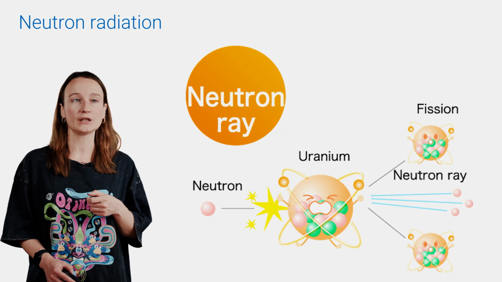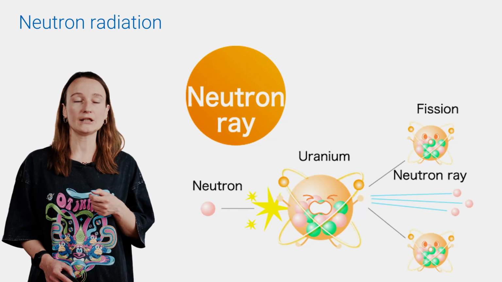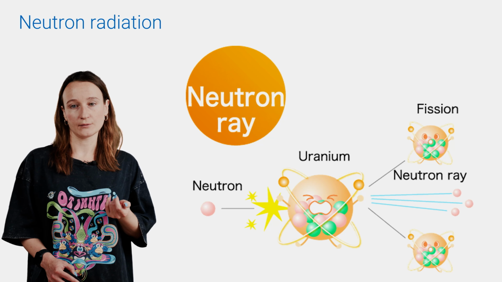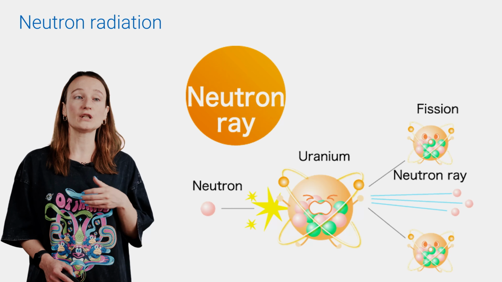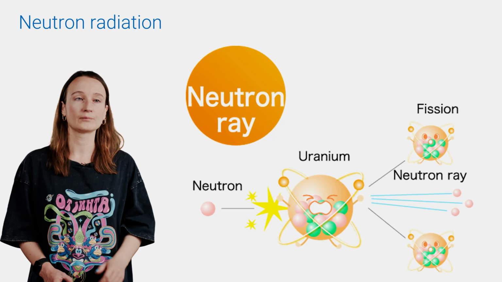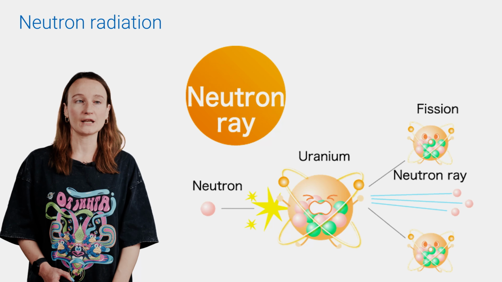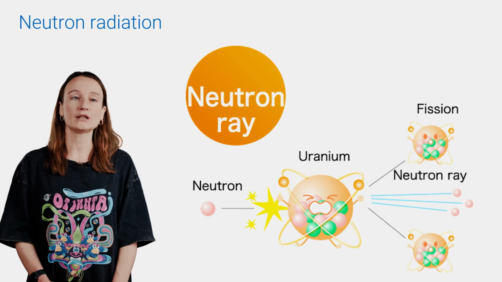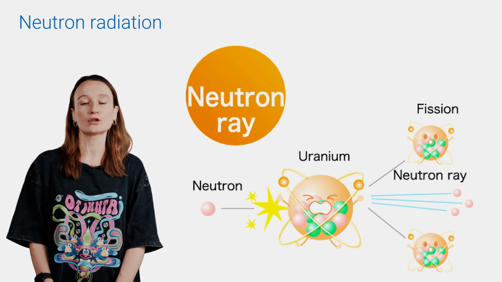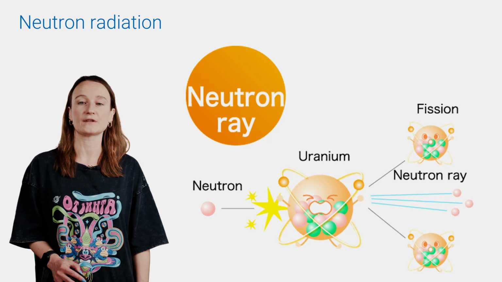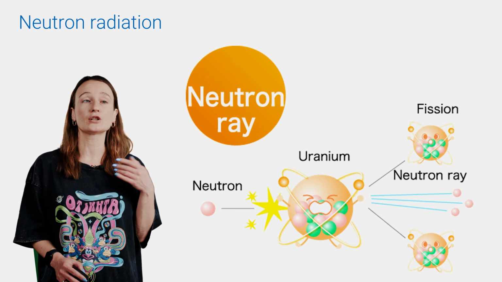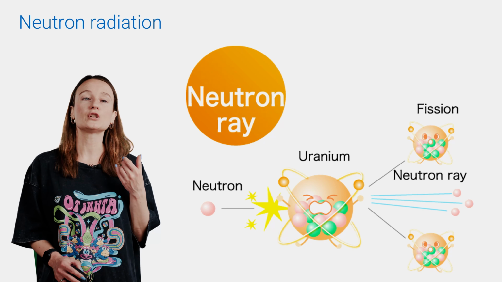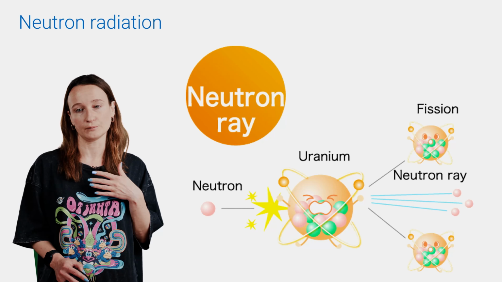Neutron radiation is a radiation consisting of neutrons, that is, neutral particles. Neutrons are formed in nuclear reactions. Neutron radiation is indirectly ionizing. The formation of ions occurs not under the action of neutrons themselves, but under the action of secondary heavy charged particles or gamma quanta, to which neutrons transfer their energy.